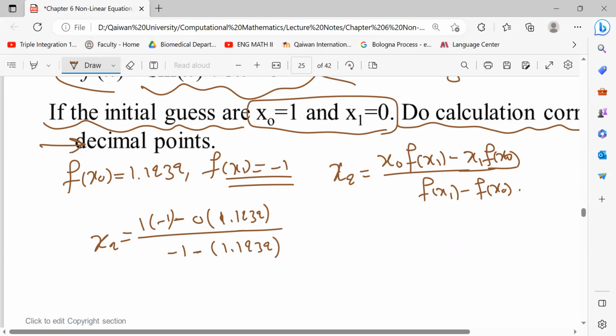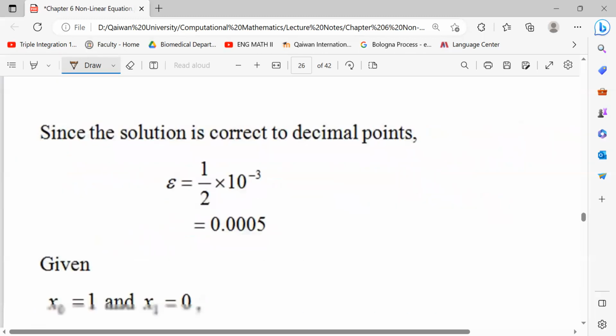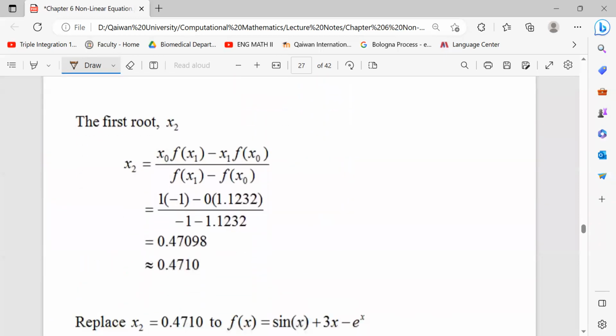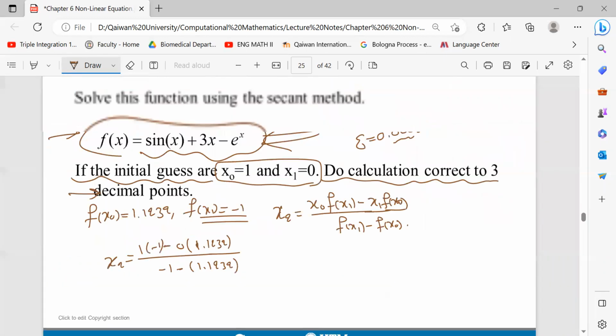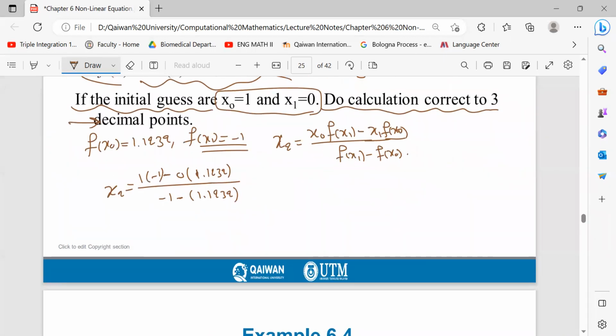Just input this to the calculator and you get the result. This is 0.471, so x2 is 0.471.